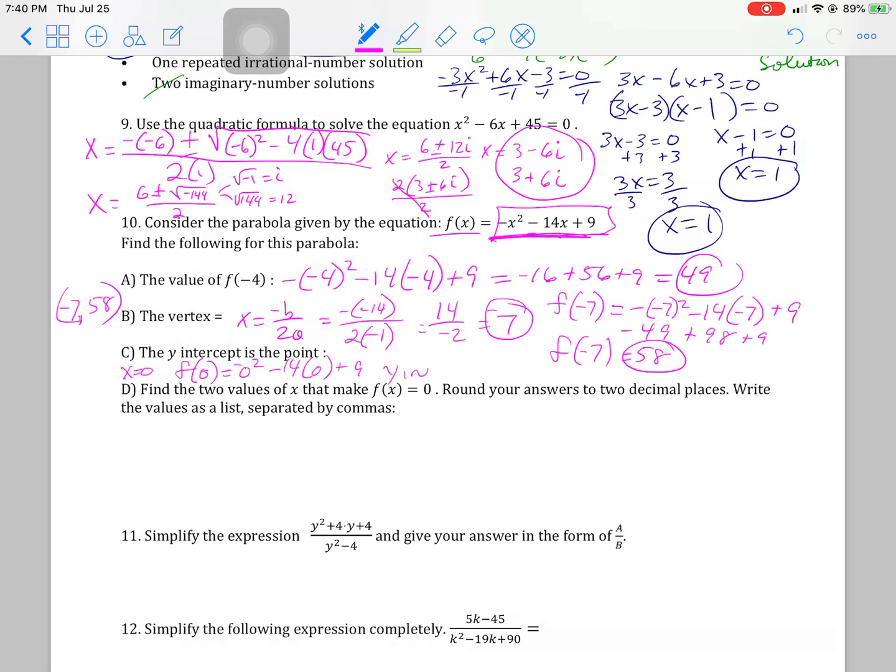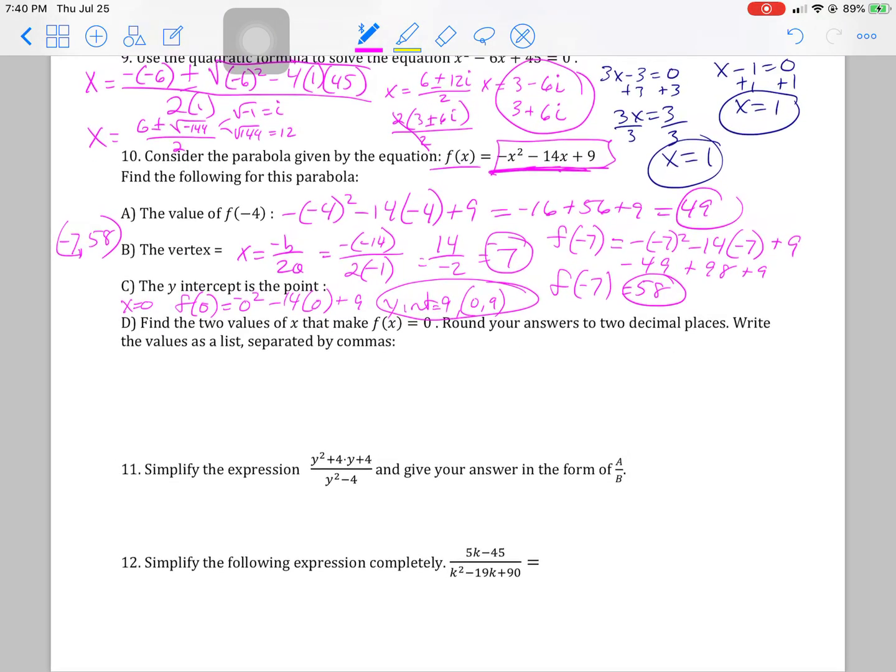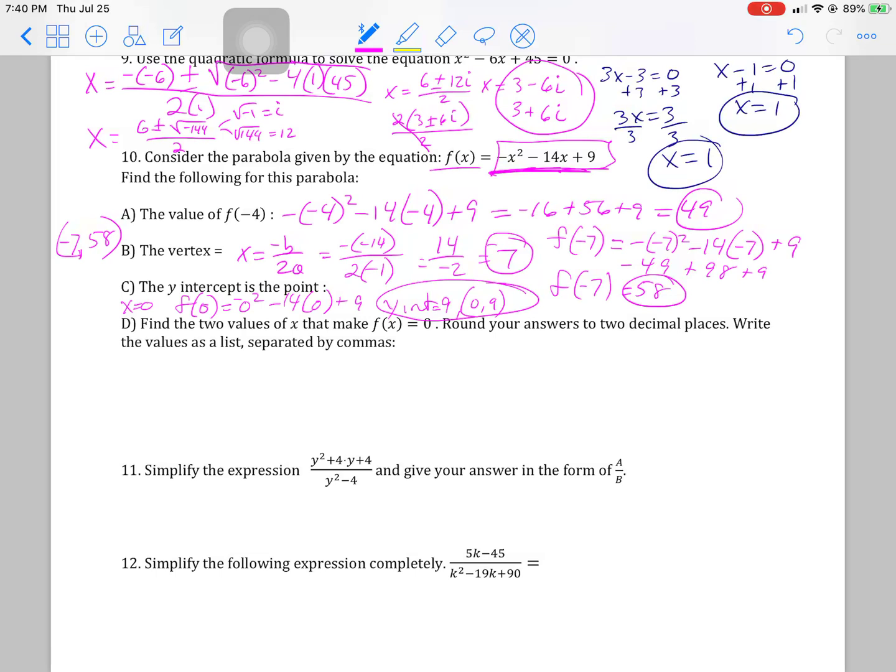So the y-intercept is 9, or 0, 9 if they want an ordered pair. Okay? So notice that we did f of 0.